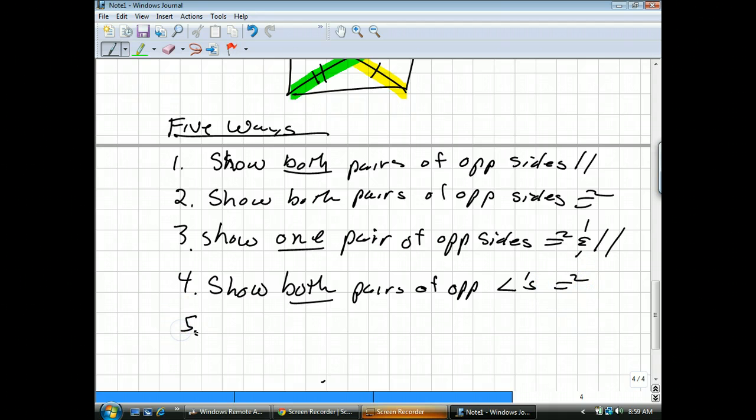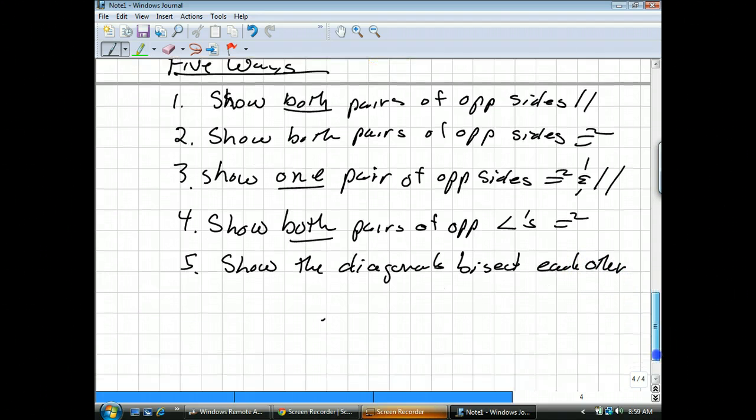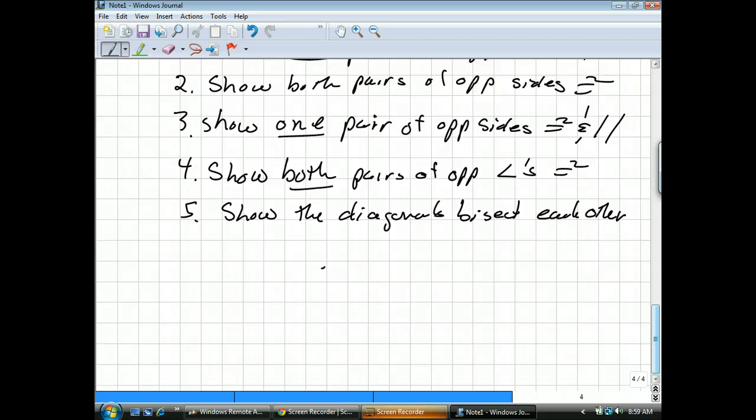And the final way is to show the diagonals bisect each other. All right, so let's look at some examples.